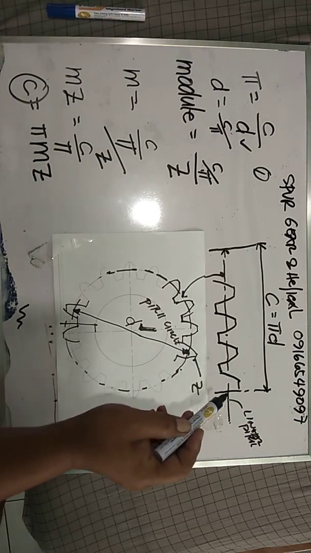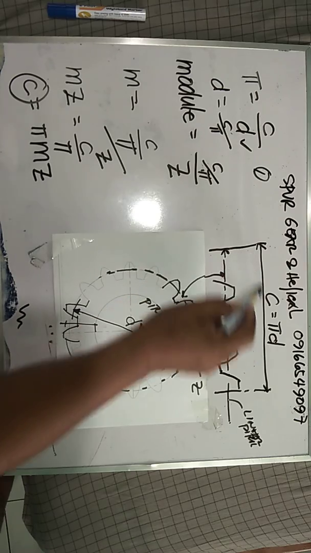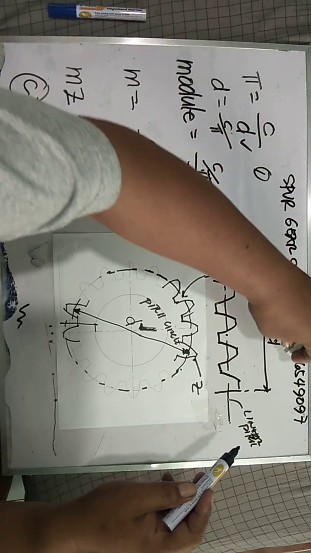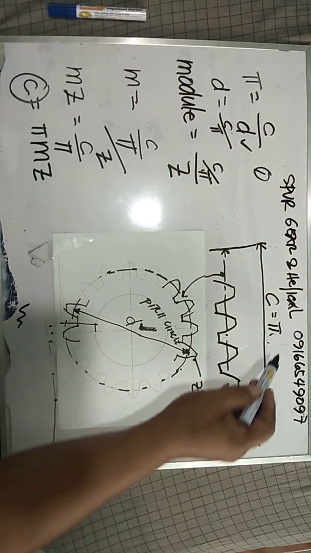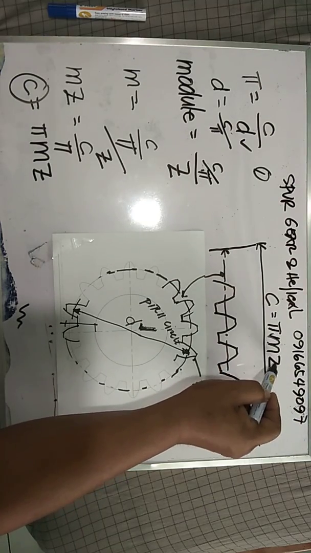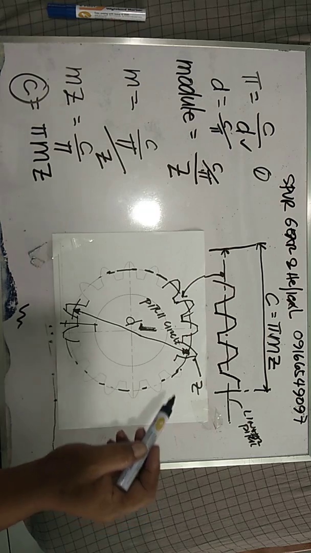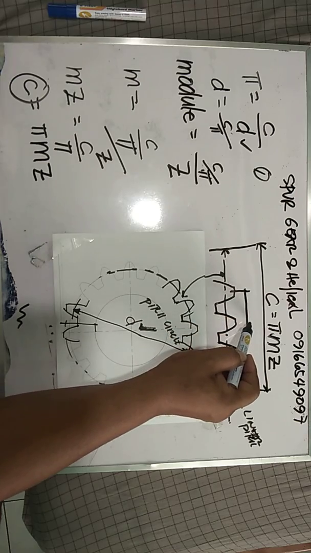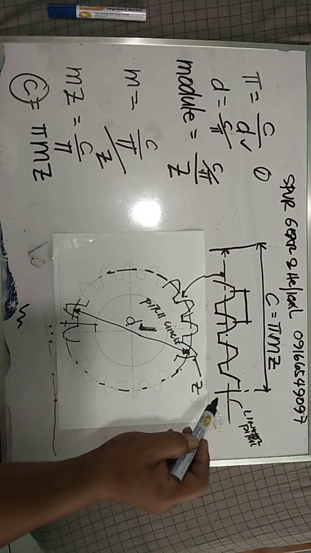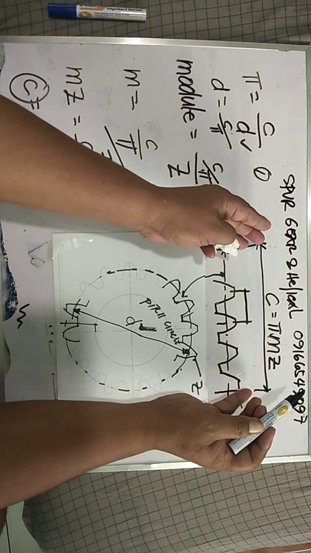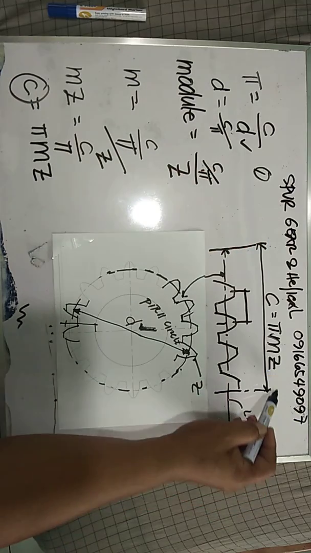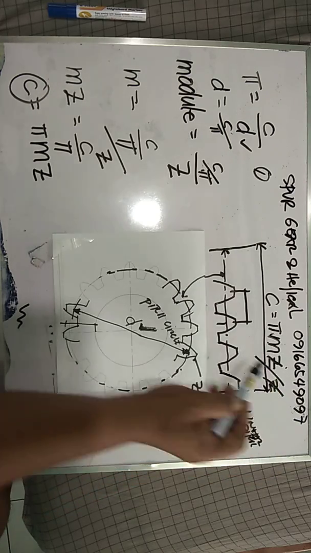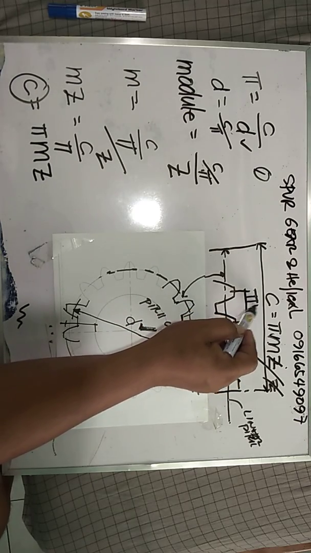Therefore, the distance between two teeth is equal to, if we divide this by the number of teeth, we cancel out this one, so this becomes pi times module.